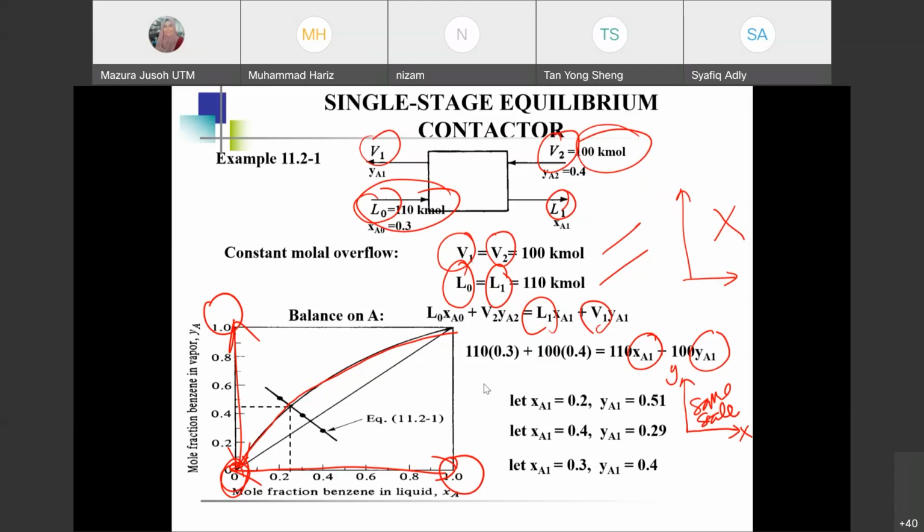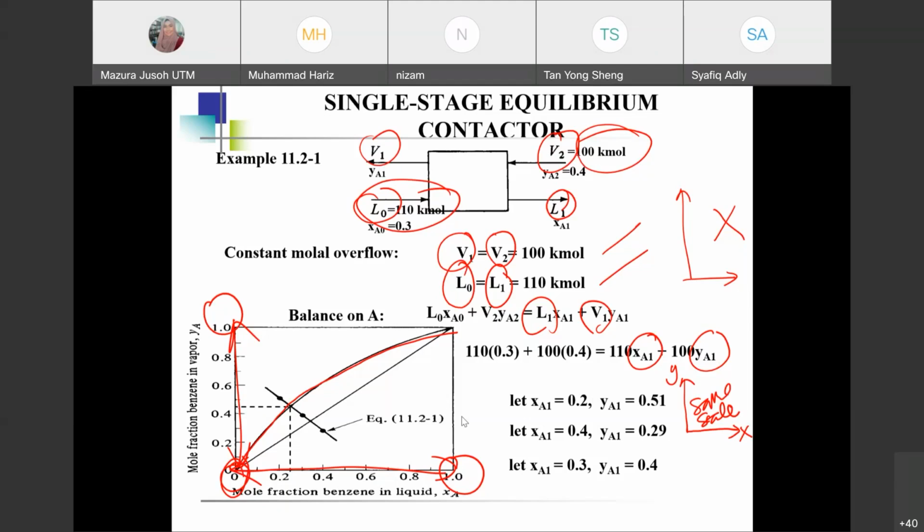Okay. So now I want you to take a value of X other than 0.2, 0.4, or 0.3. I want you to take the first value to be not 0.2. Okay, because if you take 0.2, then you go to the equilibrium line, 0.2, then you will get a y of 0.51 on your graph paper.